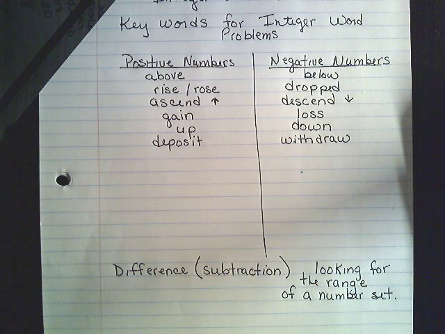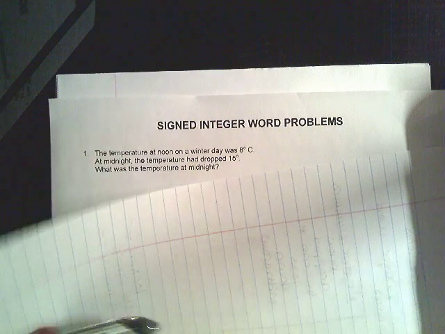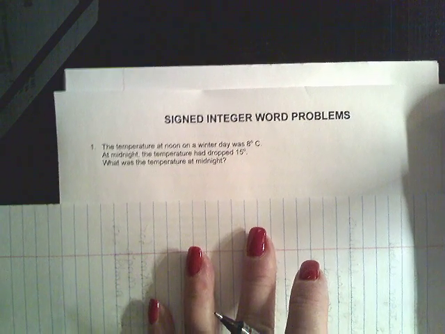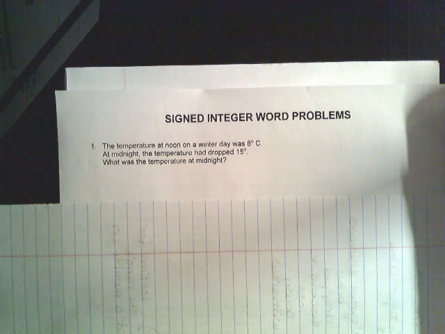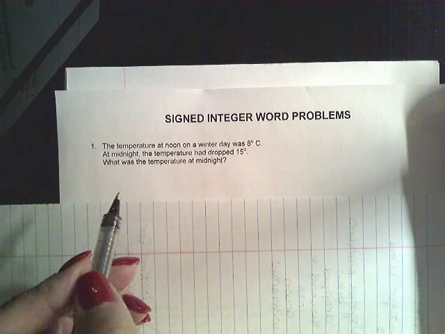Okay, let's start talking a little bit about a word problem. You can watch this video as many times as you need to if you want to copy down these problems. But I'm going to show you exactly how you need to do something. So the temperature at noon on a winter day was 8 degrees Celsius.